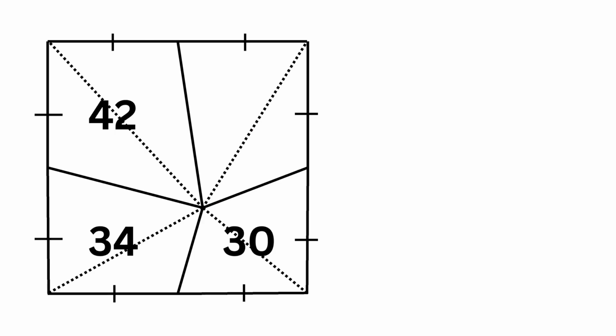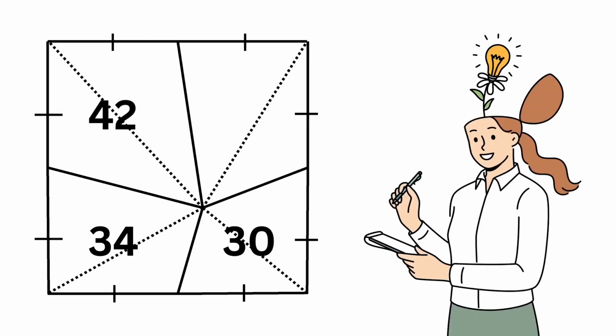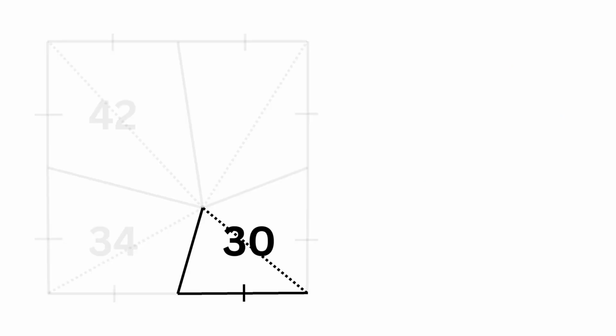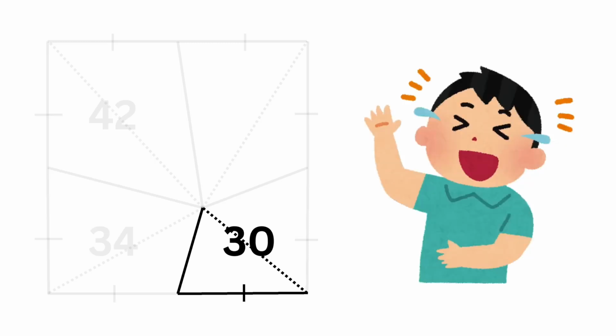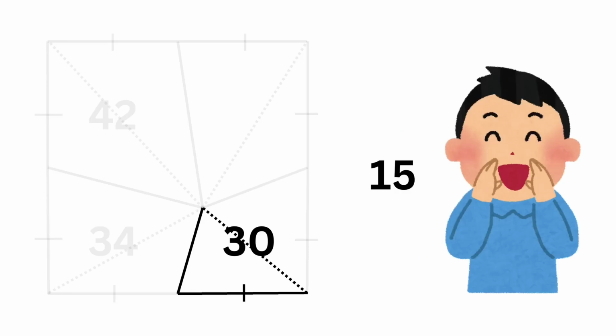Let's stop looking at this part here, which is what the question is asking, and let's look at the rest of the figure so we can start thinking outside the box. Let's take, for example, this small triangle here. What would the area of this triangle be? You will say, that's very easy. It's 15, because you divided that figure into 2 triangles.